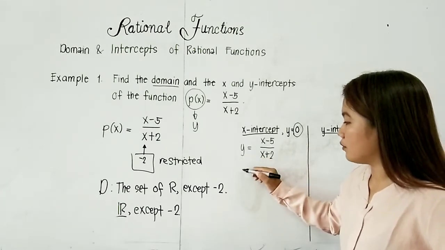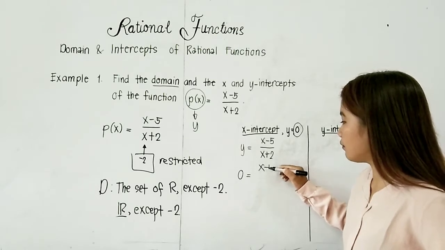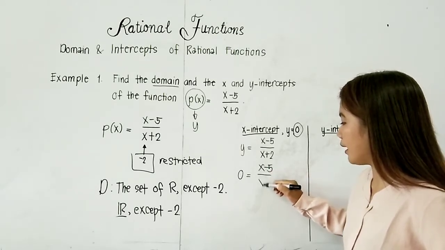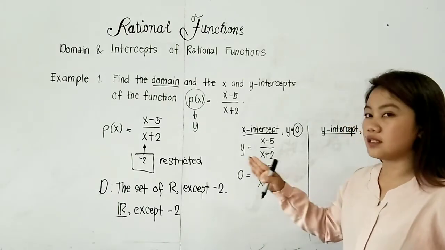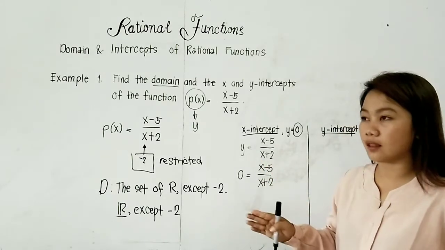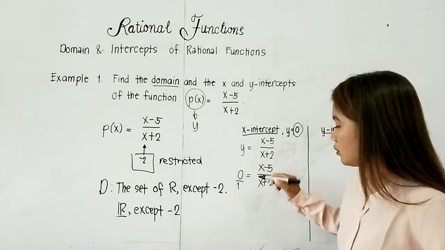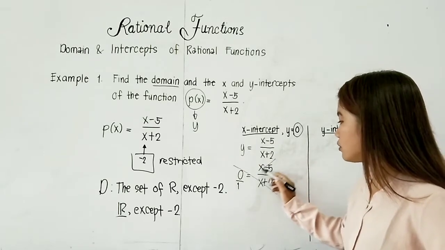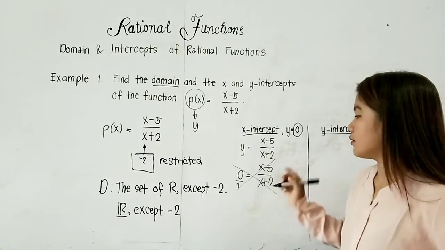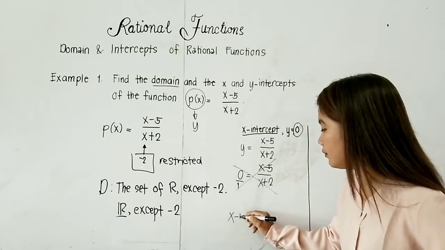So y will become 0. So that will be 0 equals x minus 5 over x plus 2. Now in this case, we will cross multiply for us to get the value of x. So this has a denominator of 1. So we will cross multiply 0 by x plus 2 and x minus 5 by 1. So x minus 5 times 1, we have x minus 5.